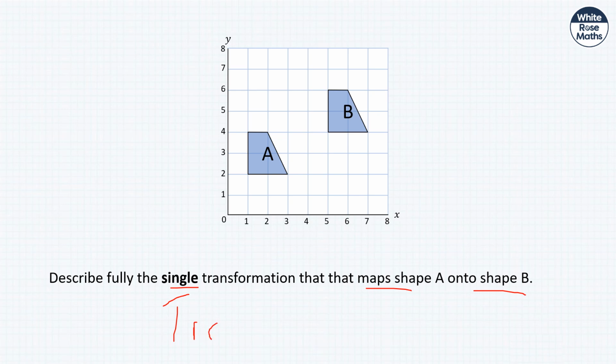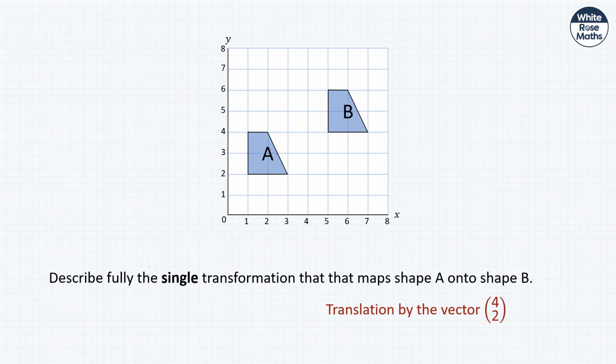So it's a translation with vector, 1, 2, 3, 4. So with vector 4, 2. So translation with vector 4, 2. And this is the vector notation, guys, for GCSE maths.